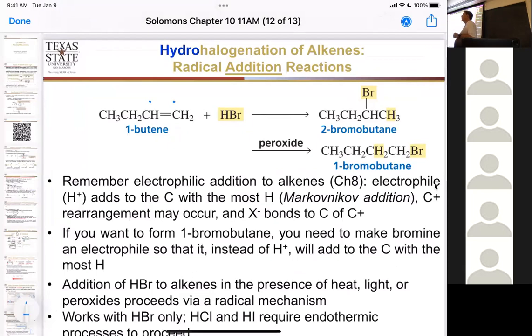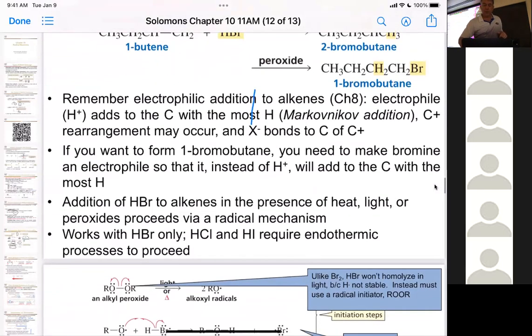So when we want this, we have changed the nature of our bromine. We've turned our bromine into our electrophile. Not the hydrogen. The hydrogen was the electrophile, but now with peroxide, it turns your bromine into the electrophile.